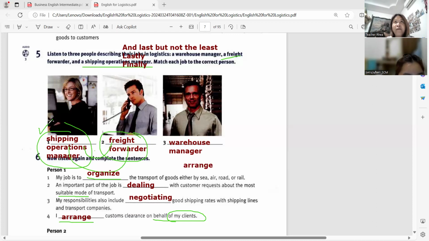You have a freight forwarder, and you do the transaction with the freight forwarder, and the freight forwarder is already doing the job. Everything, you just prepare the documents. That is why person number one is a freight forwarder.